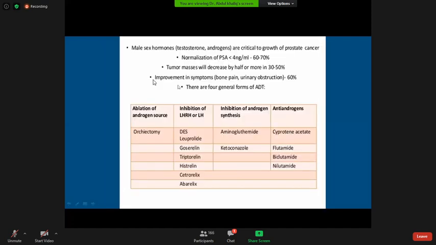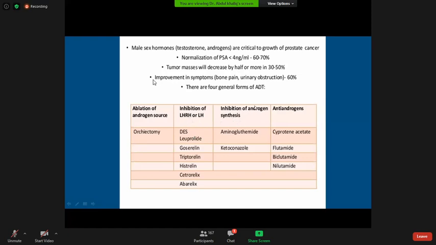If the patient has advanced disease, these are the options: ablation of the androgen source is orchidectomy, inhibition of hormones is with goserelin and the other drugs, which inhibit luteinizing hormone, the luteinizing hormone releasing hormone, and inhibition of the androgen synthesis.